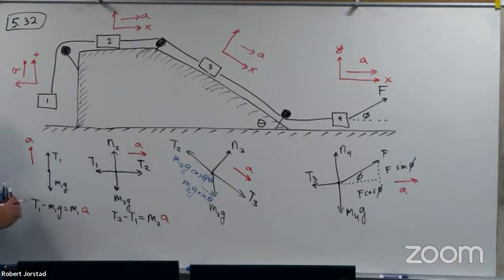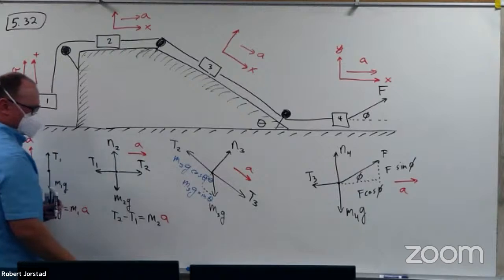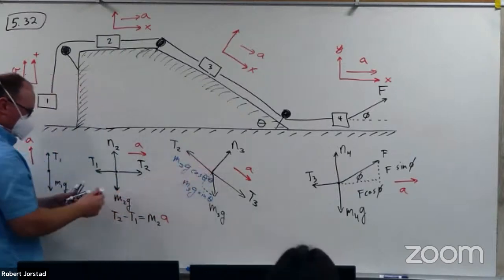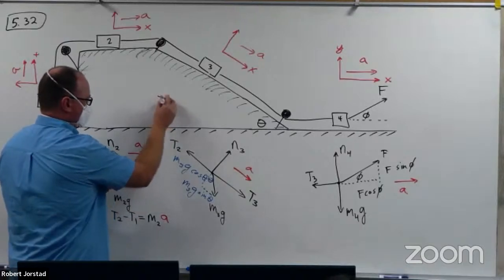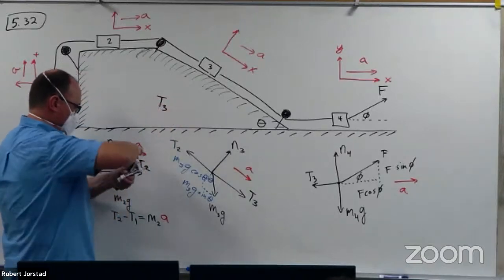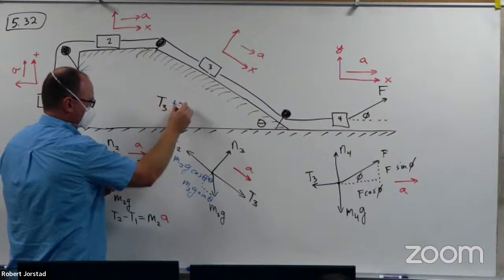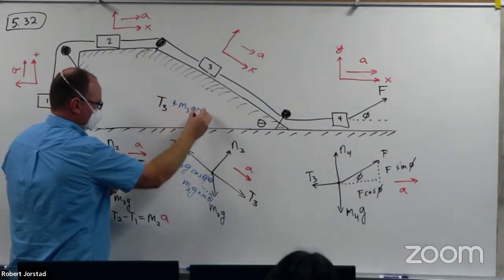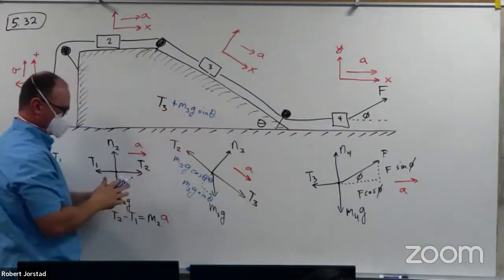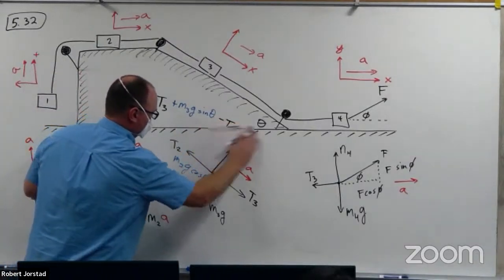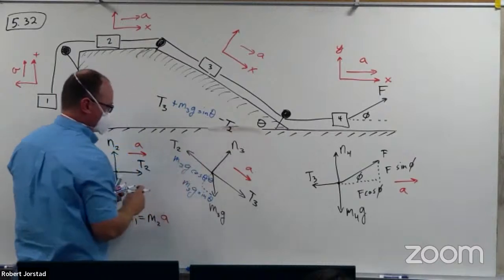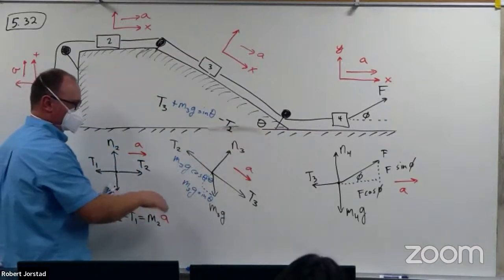All right. Somebody left the hard one. Okay, somebody else, give me the force equation for this one. T3 plus m3g sine of theta. Running out of room. Minus T2. Anything else horizontal?